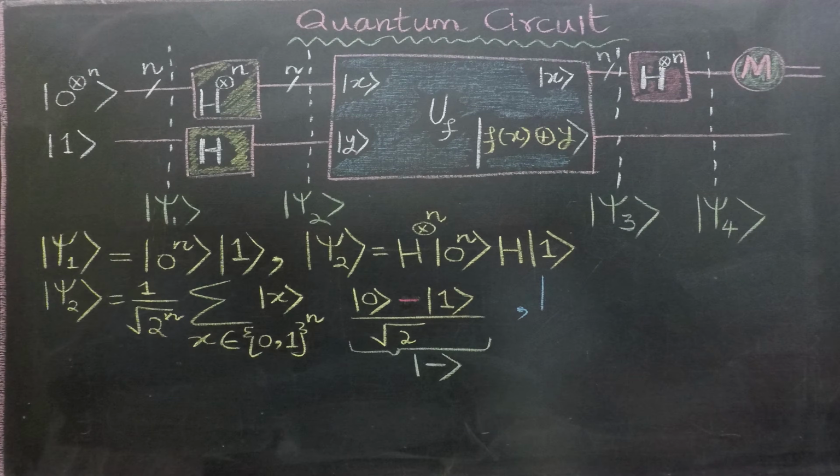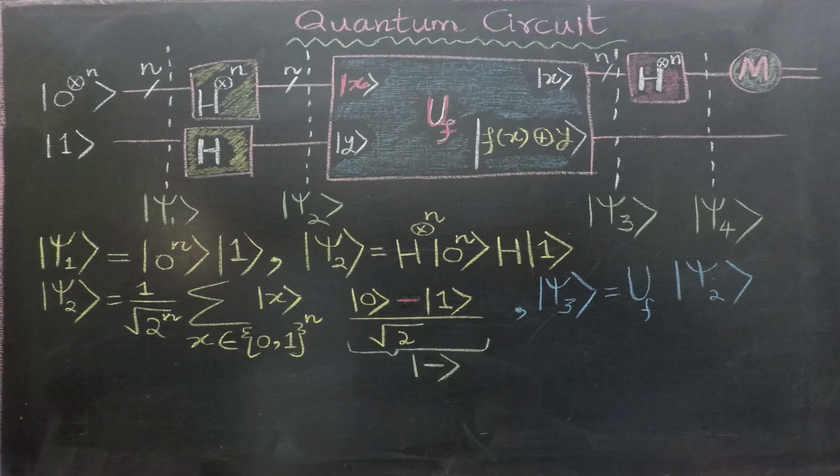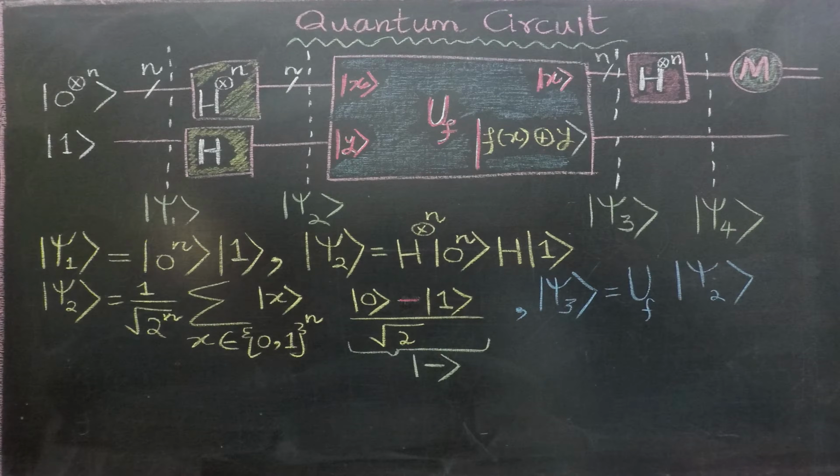To calculate ket psi 3, we have to apply UF gate to ket psi 2. Remember that if the input to the UF gate is ket x and ket y, its output will be ket x and ket f of x XORed with ket y.